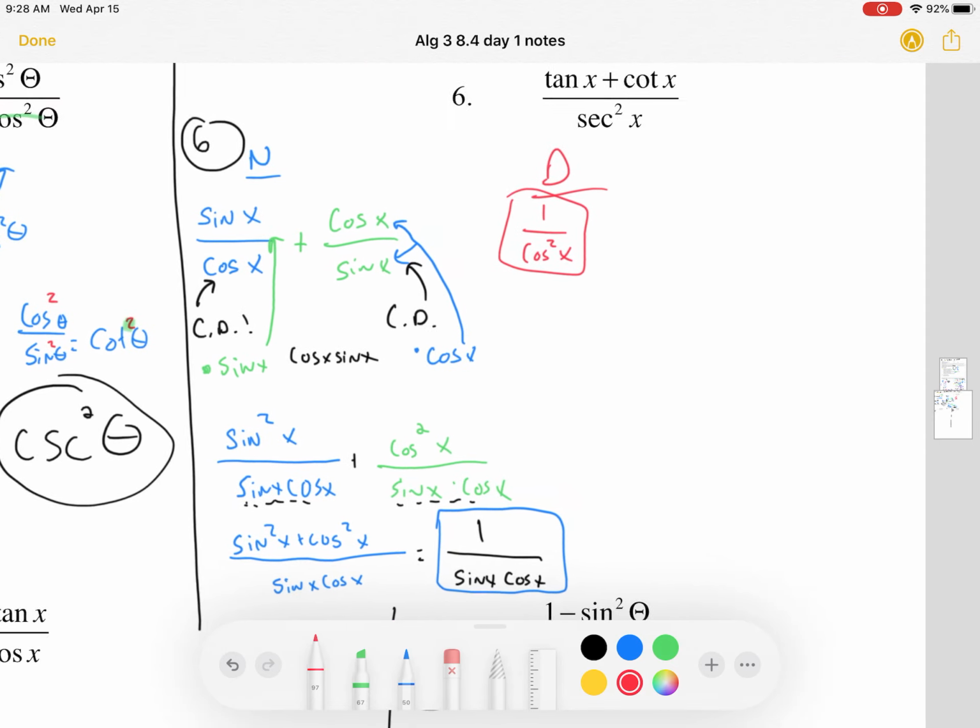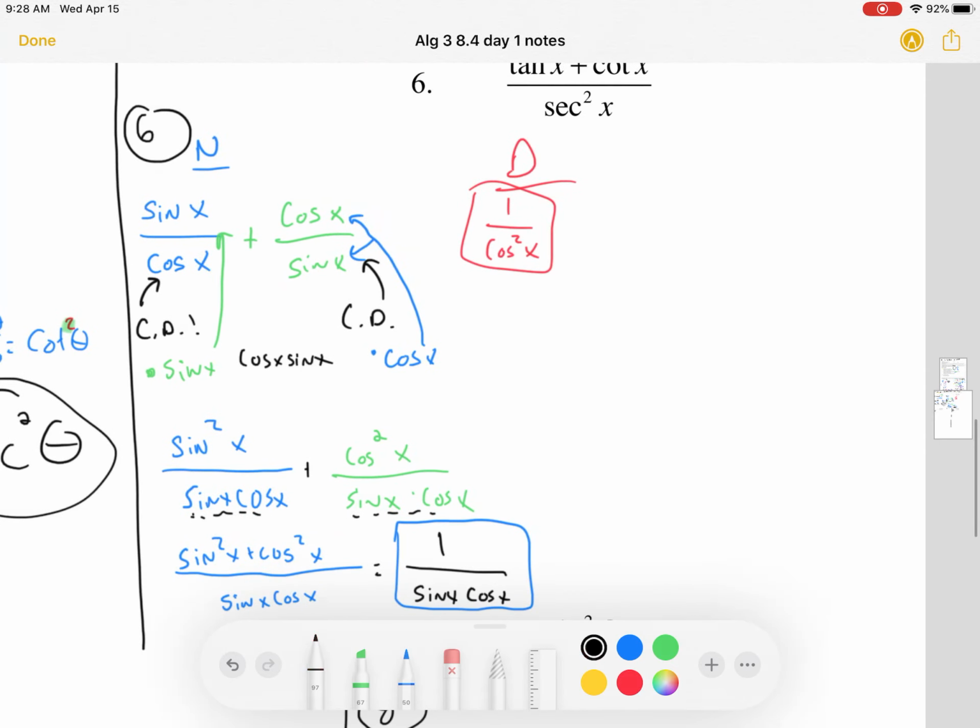Now, I'm going to write this out. Some of us kind of see what's going on in their heads right now. But if I put my numerator over the denominator, trying to color code, my numerator is 1 over sine of x, cosine of x.